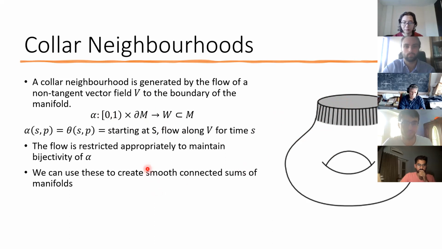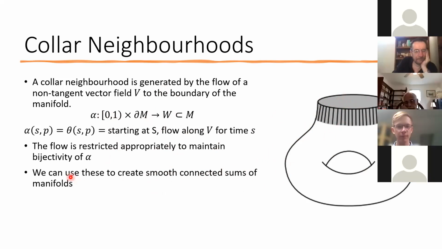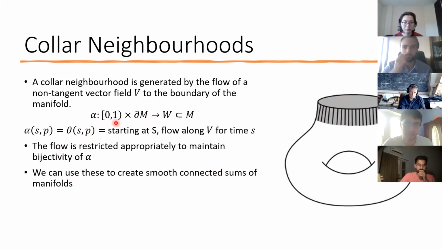There's a bit more technicality. You have to restrict the flow appropriately so that it remains bijective, but I'll forget about that. The idea is you start at some point in the boundary and then you flow for some time. So the 0, 1 here is the time you flow for, and this is the point in the boundary. That partial m is the boundary of m.